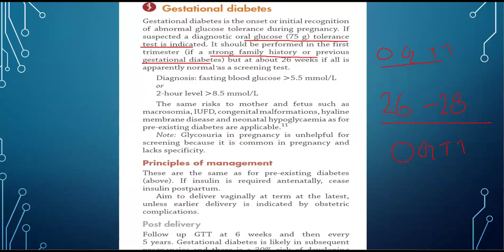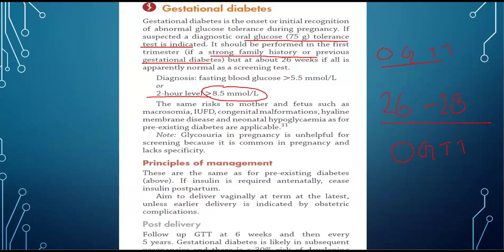So what is an abnormal OGTT? You give 75 grams of glucose for the patient to drink, and then 2 hours after the glucose drink, you measure the blood sugar. If the blood sugar is above 8.5, that gives you the diagnosis of gestational diabetes.